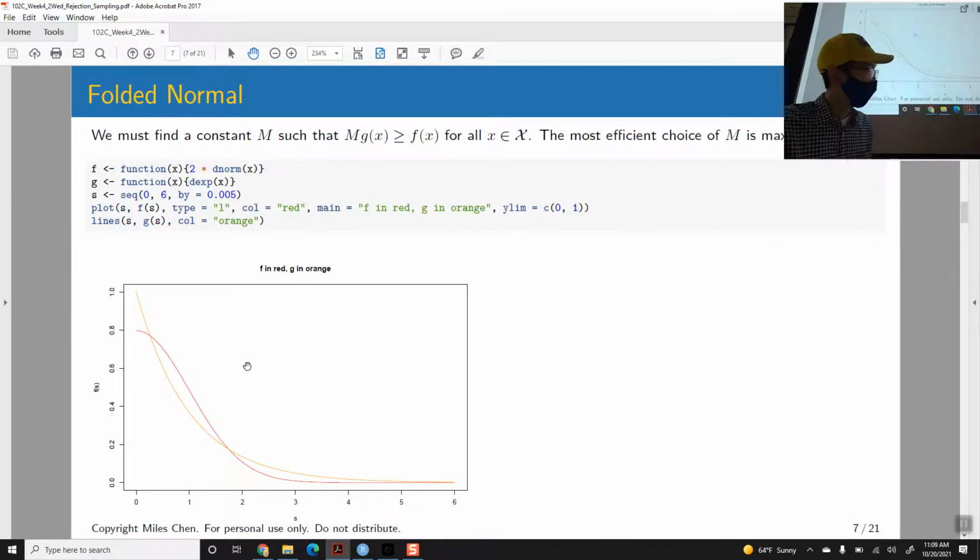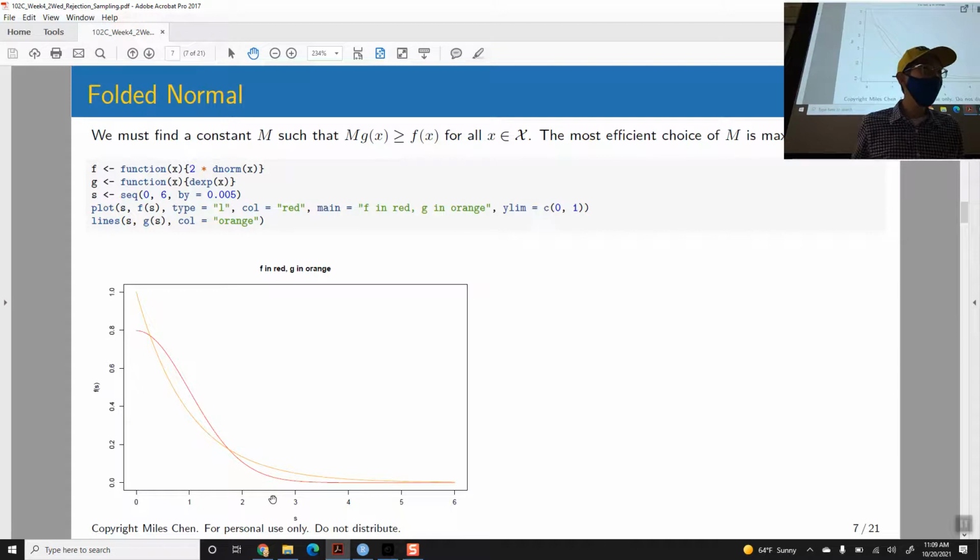Here I have plotted the target distribution. The distribution we want is the folded normal, and it is twice as tall as the regular normal distribution, and this appears in red. And then the exponential distribution appears in orange. If you were to integrate both of these from 0 to infinity, both would have the same area of 1. And just looking at it, the area under the red curve looks to be around the area under the orange curve, and they are.